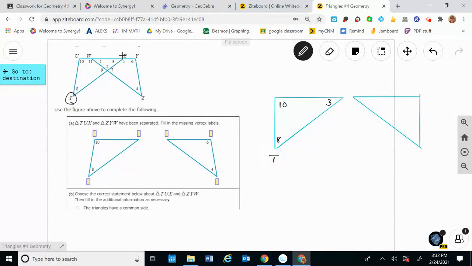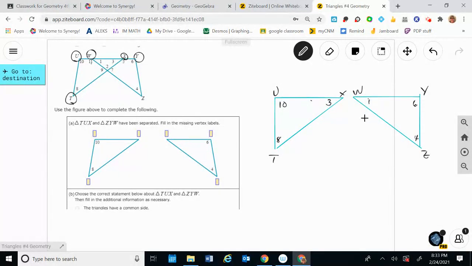T, U, X, and then what's the tip of this guy? W, Y, Z. And what numbers? 4, 6, 1. 1 is on the inside.